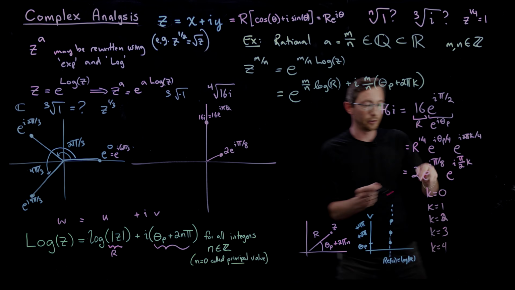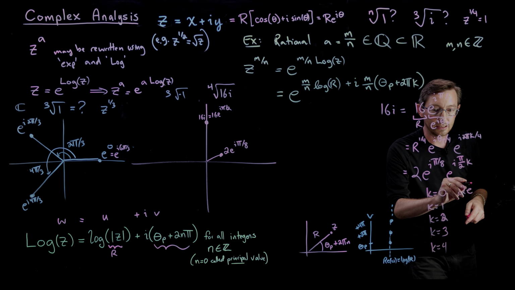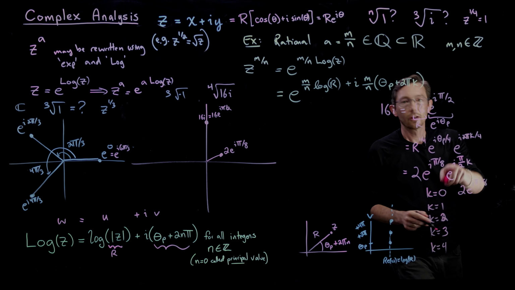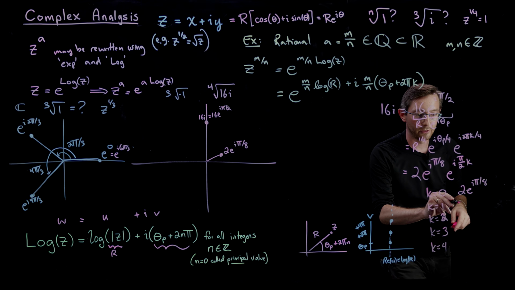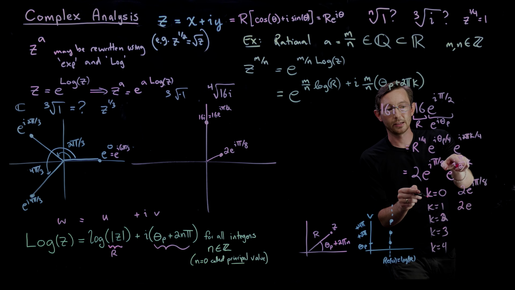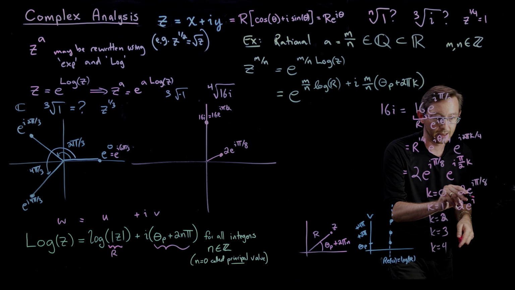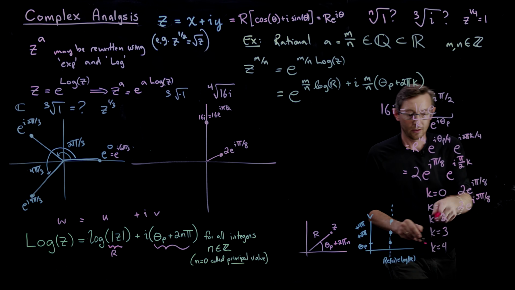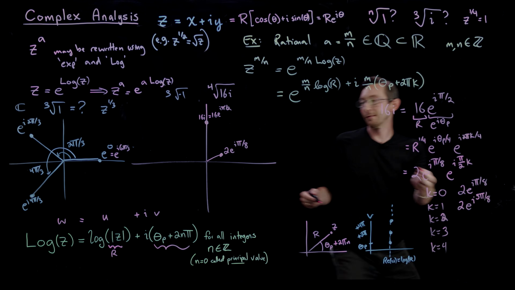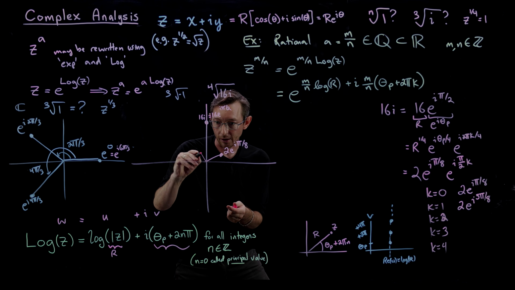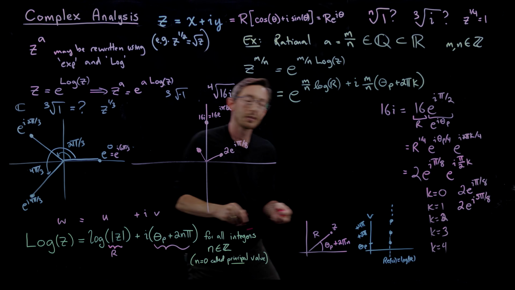So at k equals 0, I just have 2 e to the i pi eighths. That's this solution here. For k equals 1, I have 2 e to the i pi eighths plus i pi halves. So that's 5 pi eighths, which is a little hard for me to draw, but it's something like that.